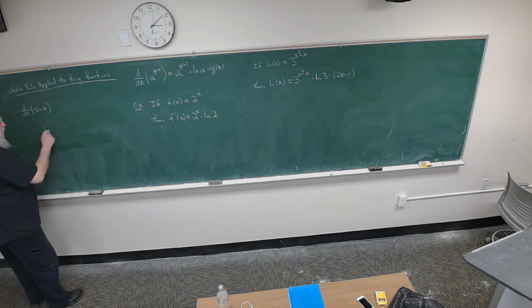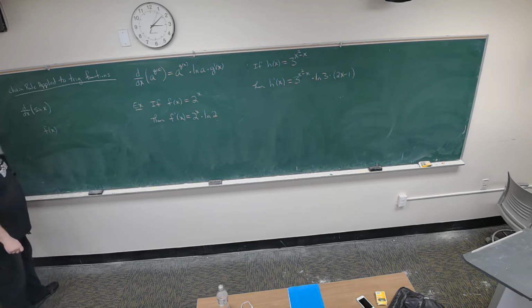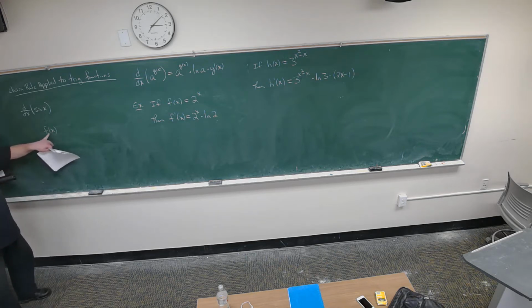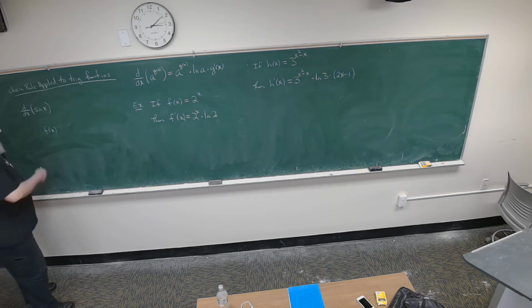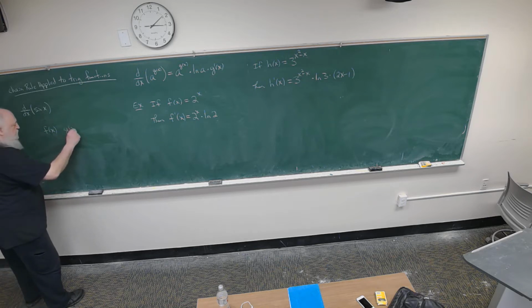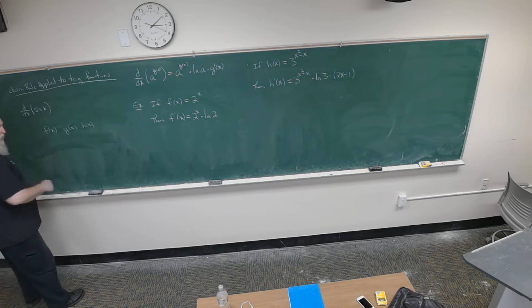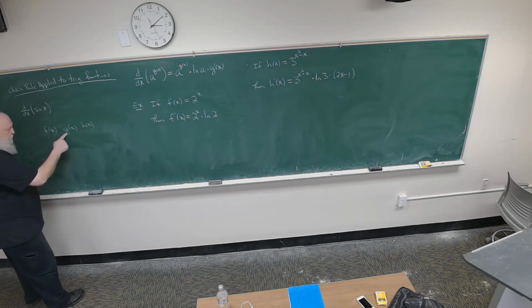When we write f of x, we read this as f of x: f is the name of the function, x is the input. So we have f of x, g of x, h of x, and so forth. The sine, cosine, tangent functions and so forth are just the names of special functions like these are.